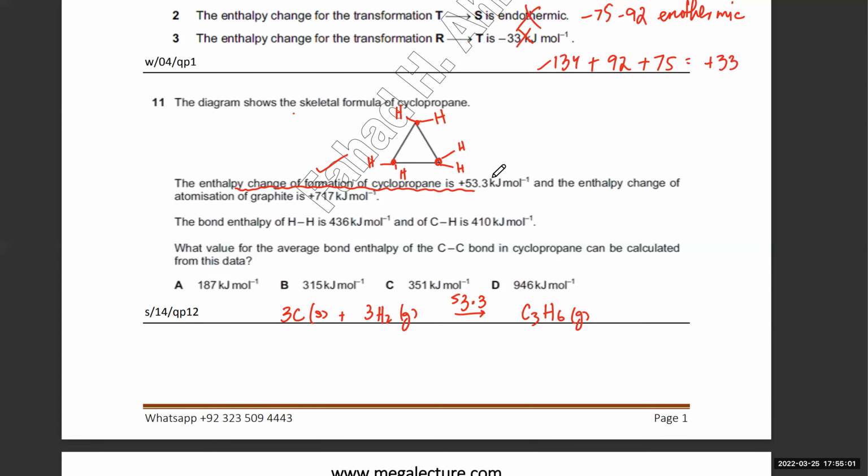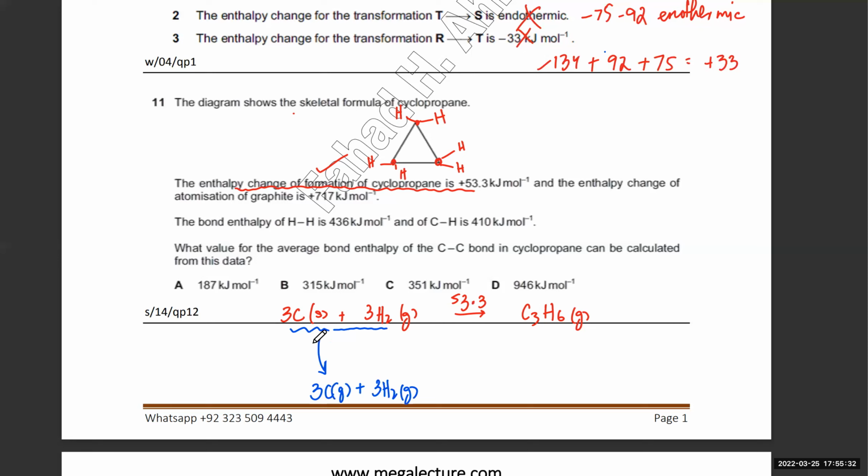Now the other thing is they've given us the enthalpy change of atomization of graphite. Although atomization is no longer in your course, atomization is that if you have an element, that element could be turned into atoms. So 3 carbon gaseous atoms. The H2 is as it is. Nothing happens to it.